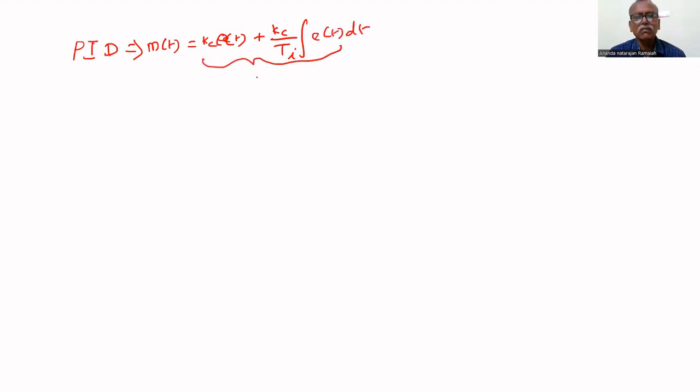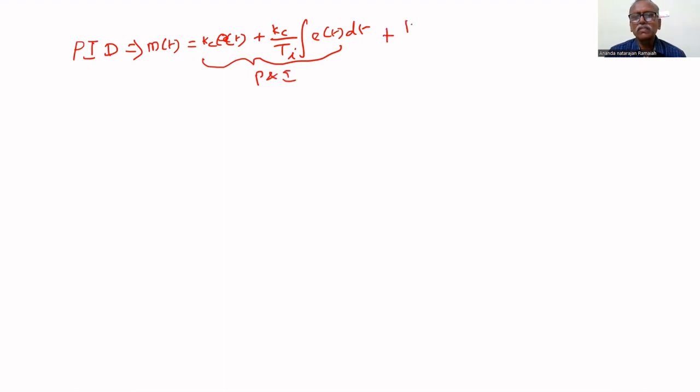This is the expression for a PID controller, M of T equal to Kc multiplied by E of T plus Kc by Ti integral of E of T dt. These two are for P and I mode.